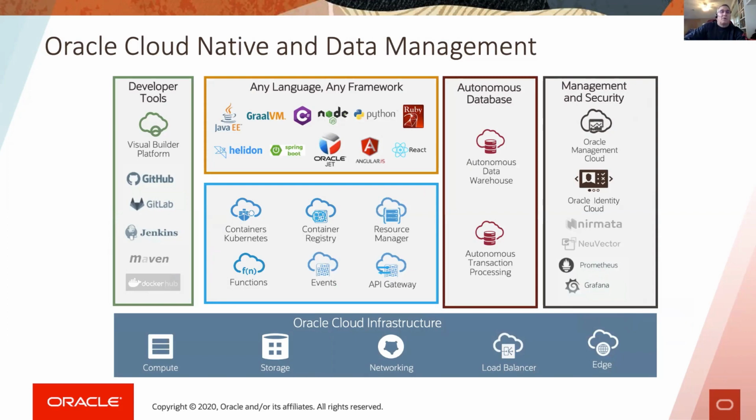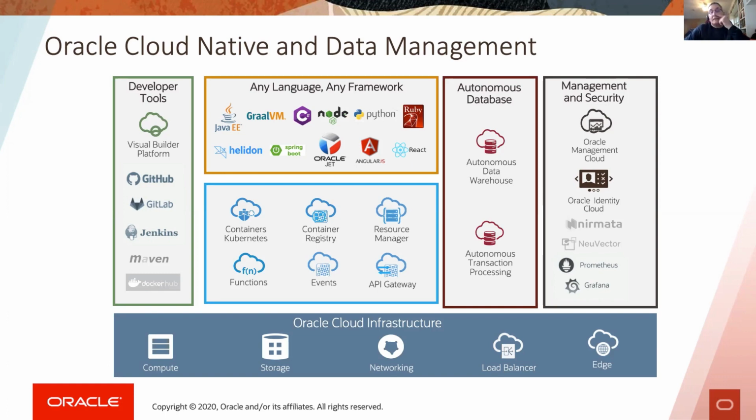So going from there, if you look at our cloud native and data management, on top of OCI you're able to deploy, and we don't restrict you as far as any language or framework. There are many different languages that you may want to deploy on top of.